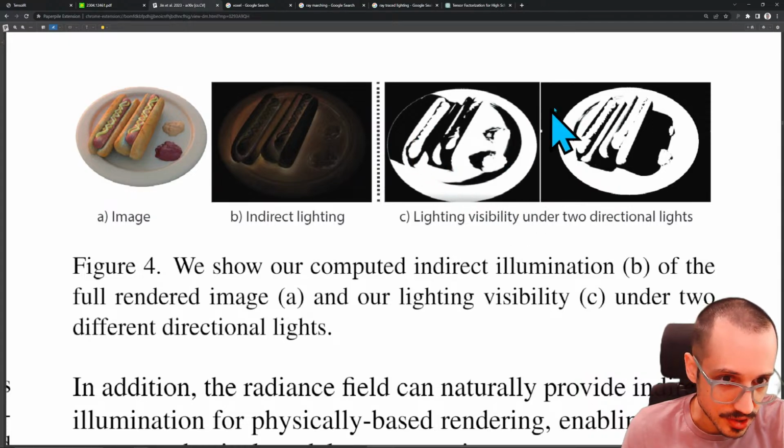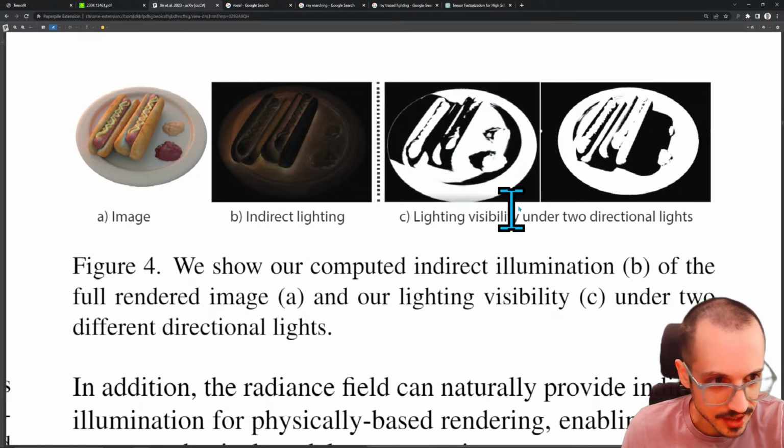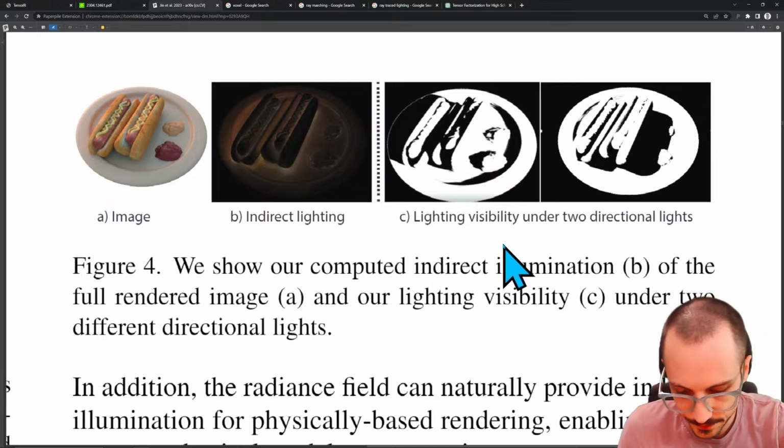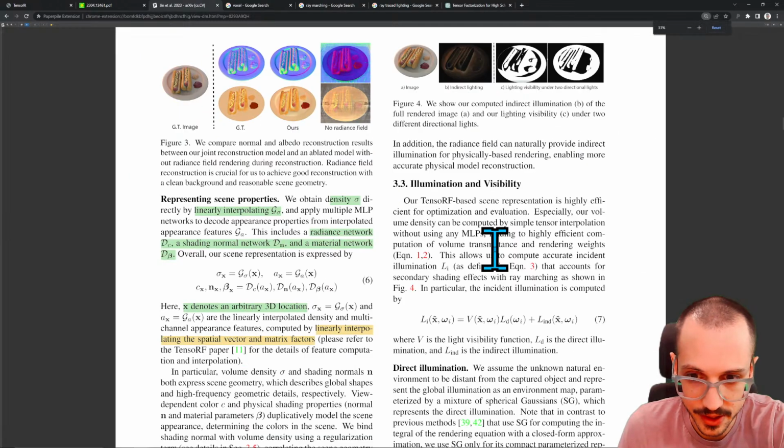It knows that if there's a light coming from this direction, this side of the hot dog is going to be illuminated, but the inside of the hot dog is not going to be illuminated. And that's kind of what they're showing off here, is that the representation of this scene that they've learned from this joint optimization process is good enough to understand how different directional lights would play on this object. That's what they're trying to show you with that figure there.